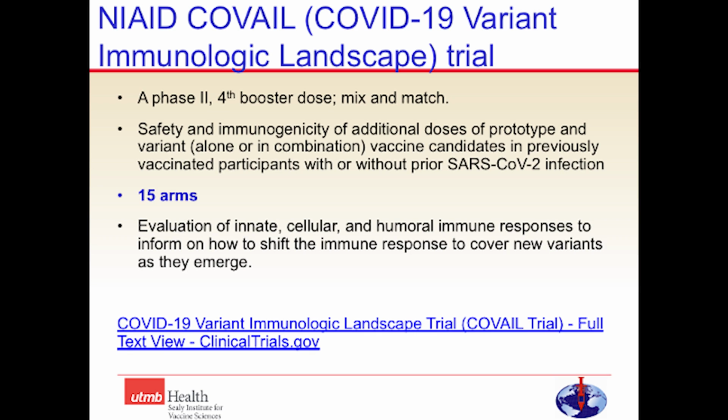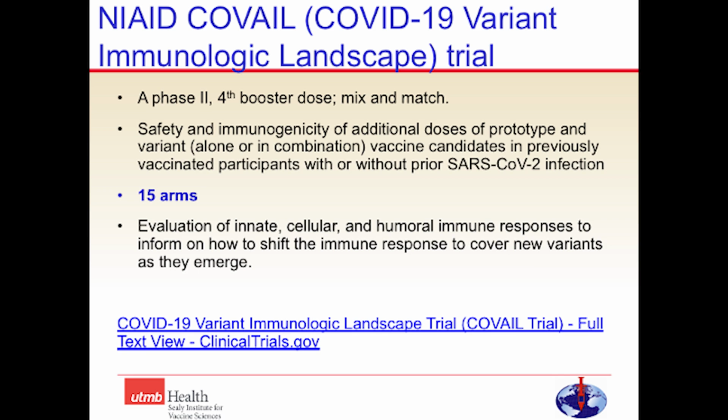It's an amazing study, where they've taken people who have had their 2 doses originally, then a booster, and are looking at the 4th booster, but doing it with natural infection, boosting with Pfizer, Moderna, Novavax, or starting with Pfizer, Moderna, Novavax, then boosted with natural infection, and then complicating it by times by 3 by using the Wuhan strain, the Omicron strain, or bivalent.